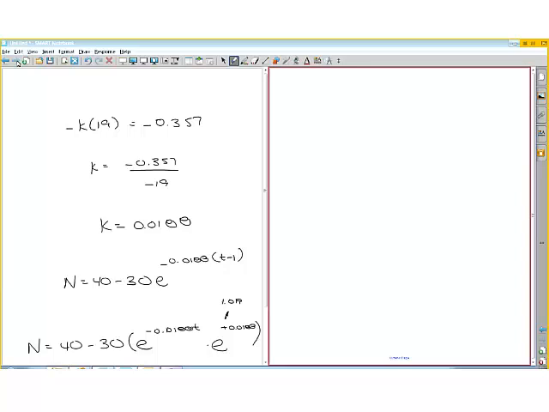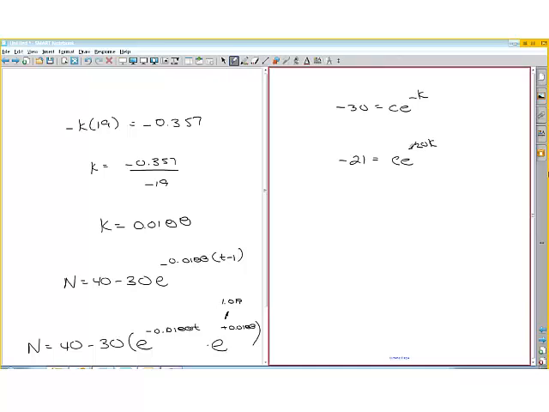What do they do? What they do is the first equation they solve using the first initial condition. You get negative 30 is equal to C e to the minus K. So that's from the first initial condition. Then when they apply the second one, you get this equation: negative 21 is equal to C e to the minus 20K.